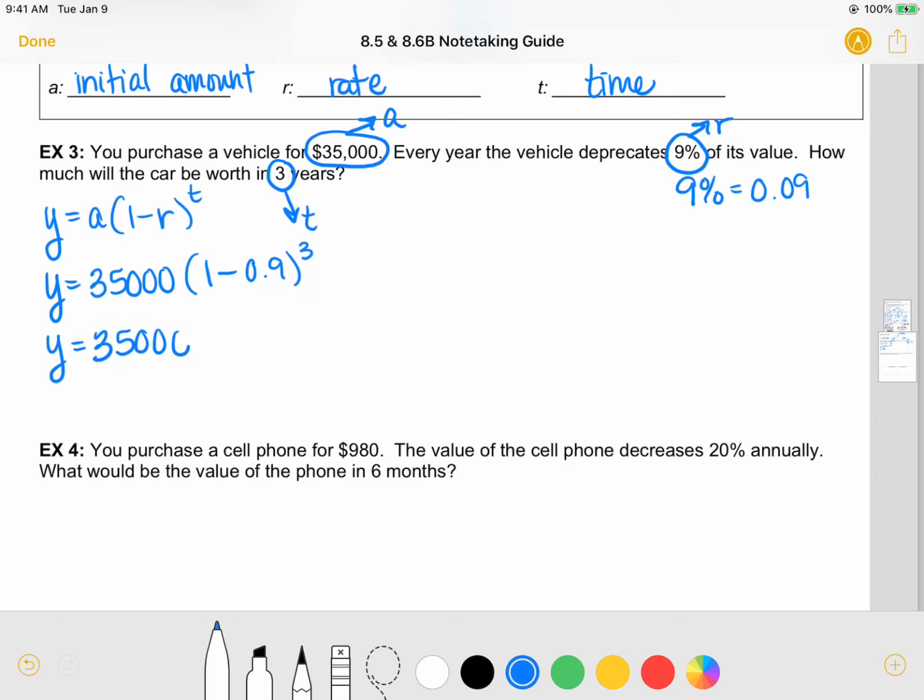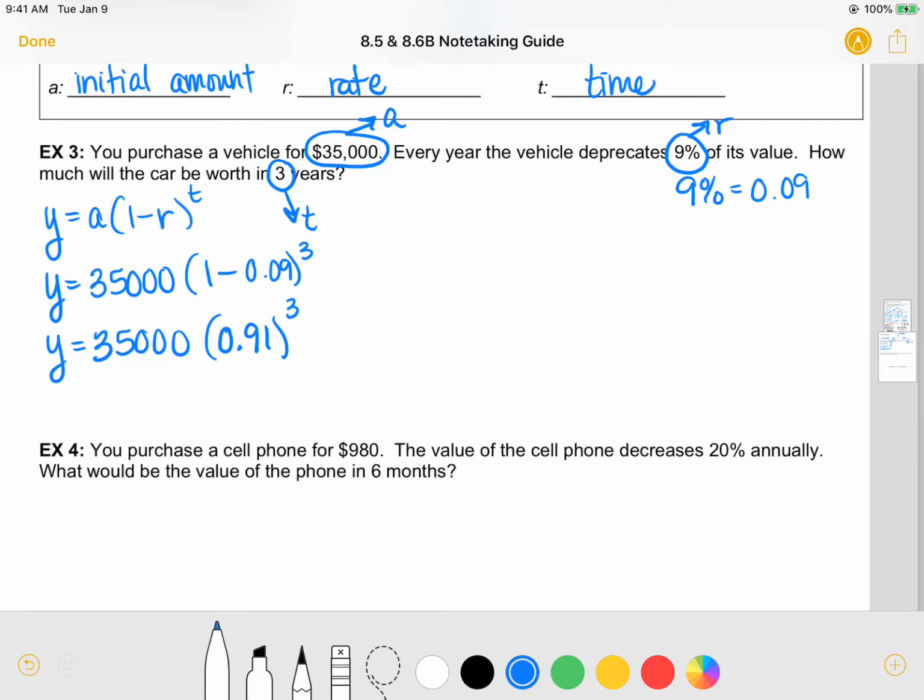So 35,000 times 1 minus, oh, excuse me, I forgot a 0 there. Let me scoot back here a tiny bit. I need to insert a 0 right here for my rate. Okay? So 1 minus 0.09 is going to be 0.91 to the third power.